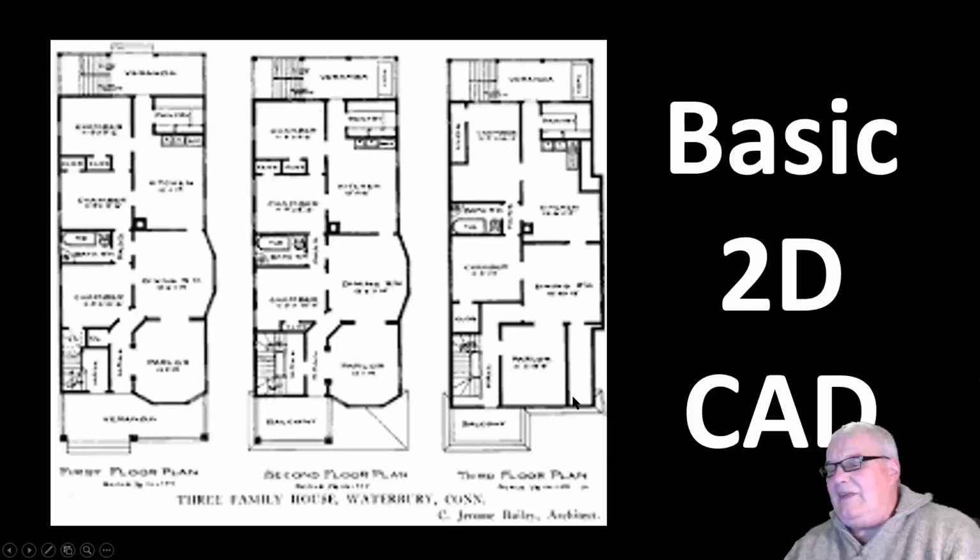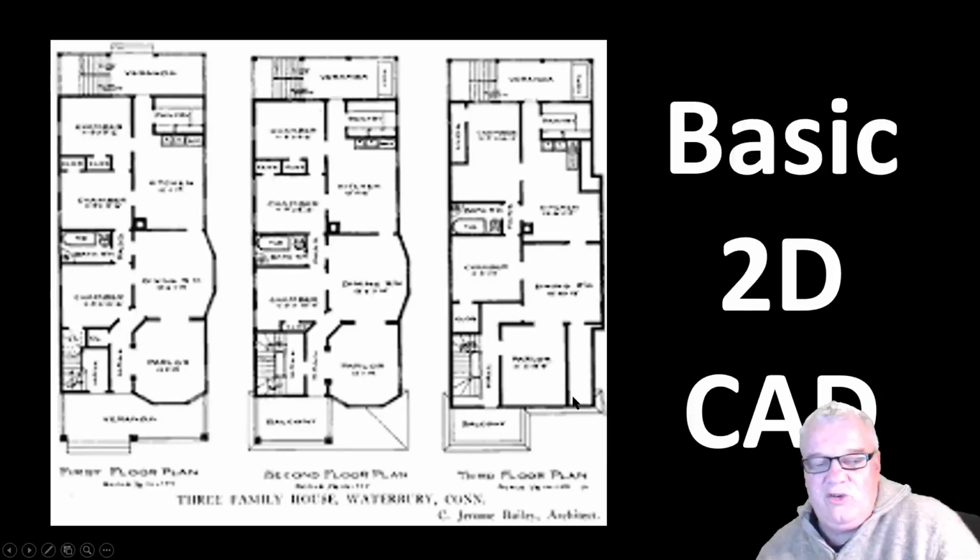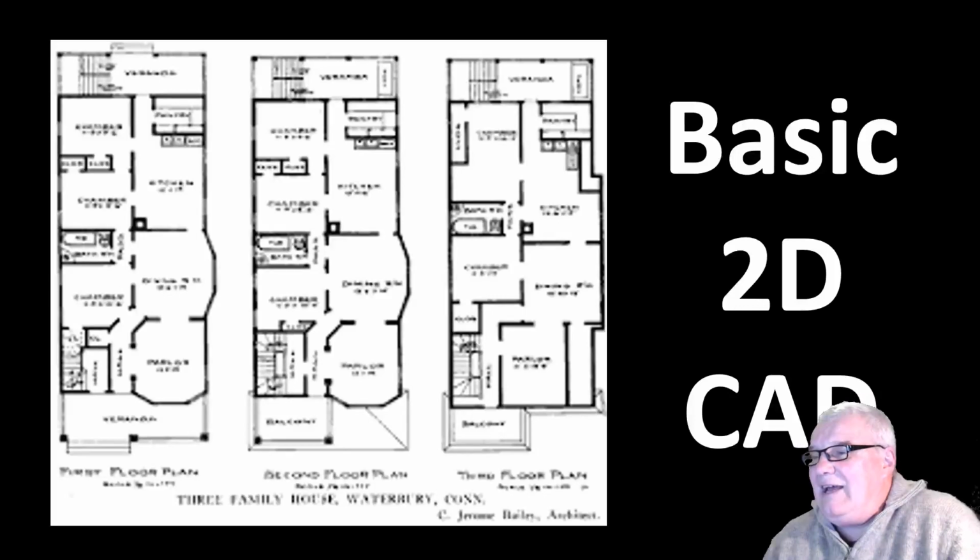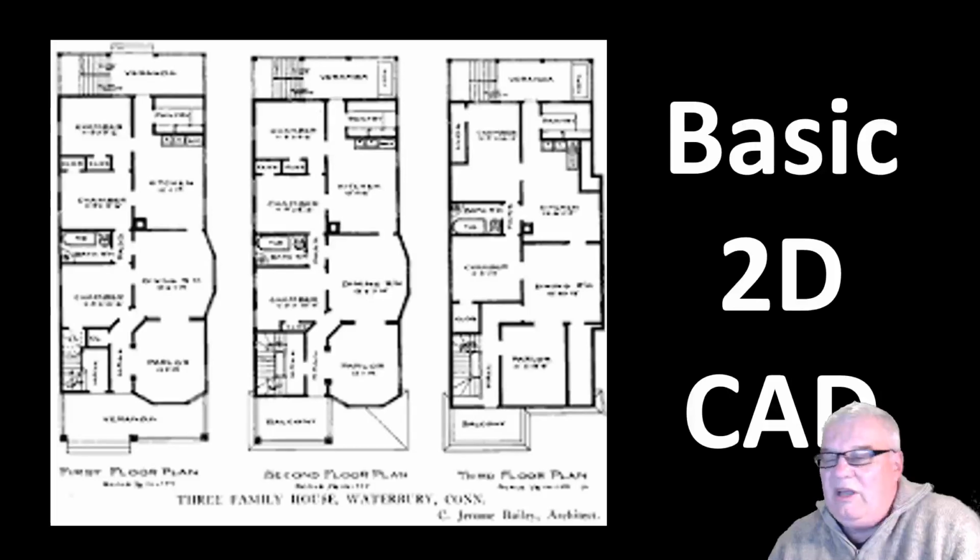All right. Now, the other thing that's happening is the basic 2D CAD. And again, this is a key skill that you're going to need going forward for the rest of the course, because these skills that you pick up here will then have to be applied in the subsequent assignments and things that we do, in the picnic table assignment and in the project.